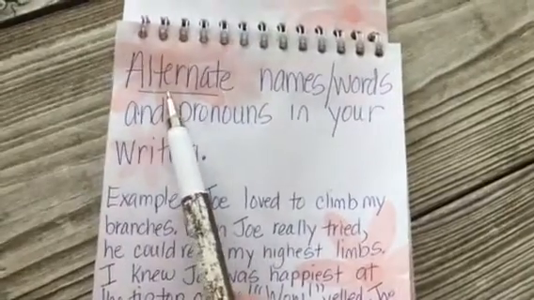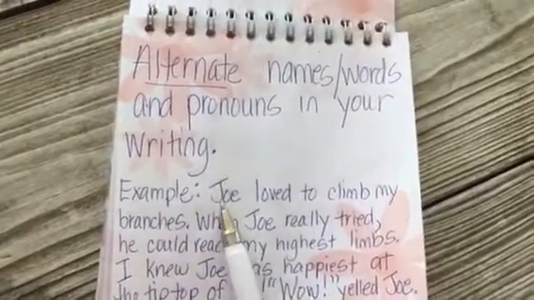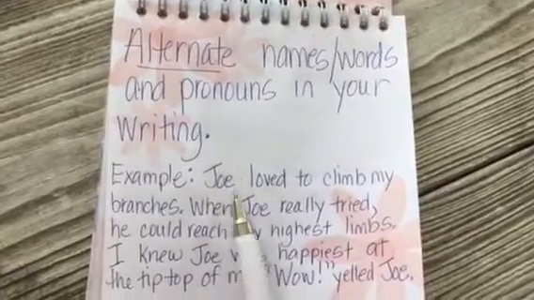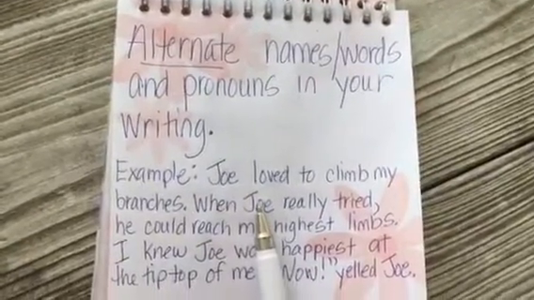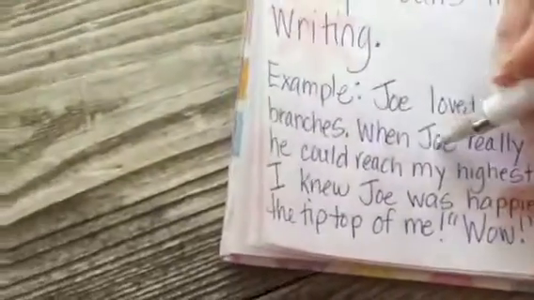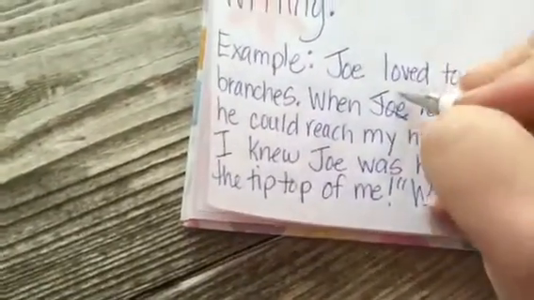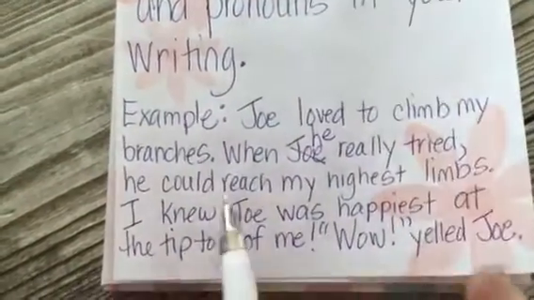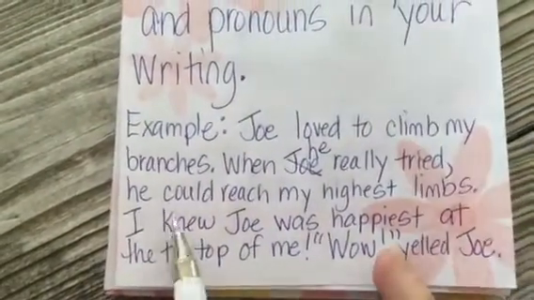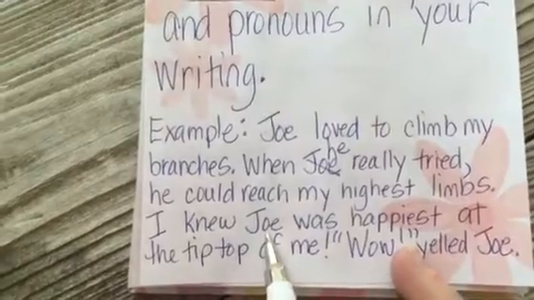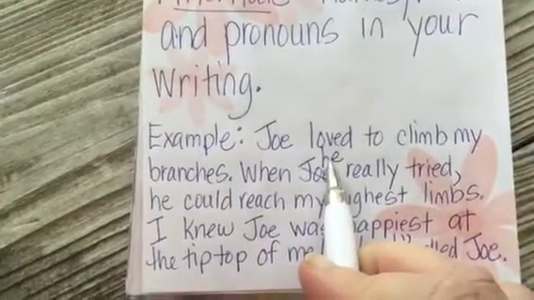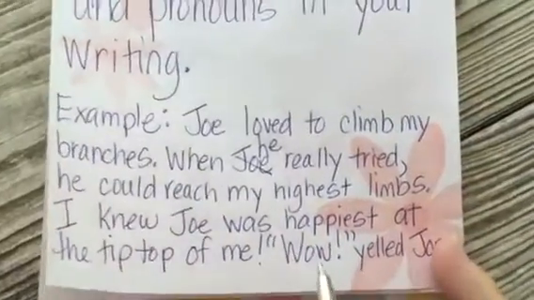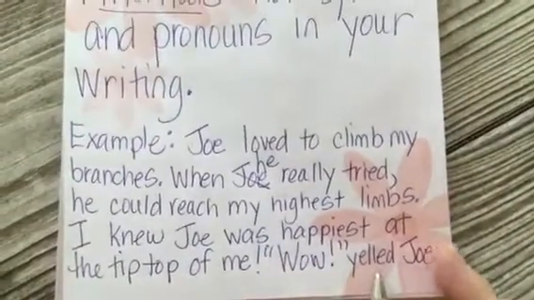So I'm going to alternate some of these. So I said Joe loved to climb my branches. That's okay because I need to know that Joe is the person I'm talking about. But right here, I can change Joe and say he, because I know now that I'm talking about Joe. When he really tried, he could reach my highest limbs. Now we're going to leave Joe here because we just used he in the last sentence. I knew Joe was happiest at the tip top of me. Wow, yelled Joe.